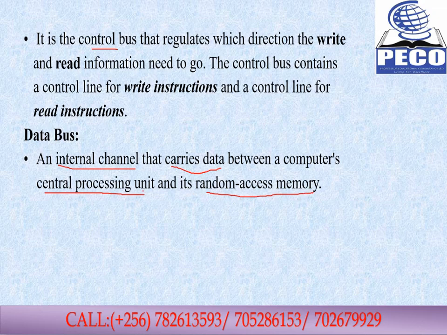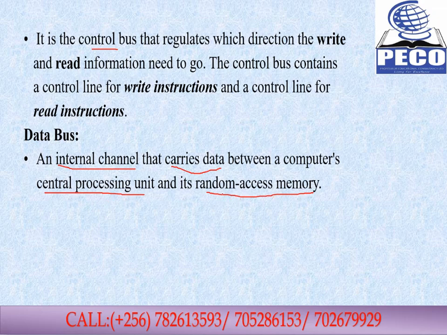So data will always travel between the CPU and random access memory. Random access memory contains data to be processed, but the processor is the CPU. So in between, data items will keep on traveling back and forth.